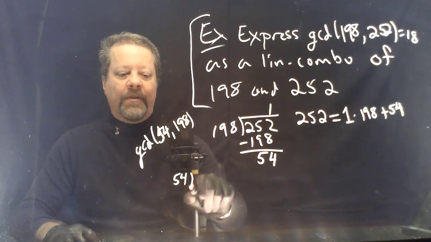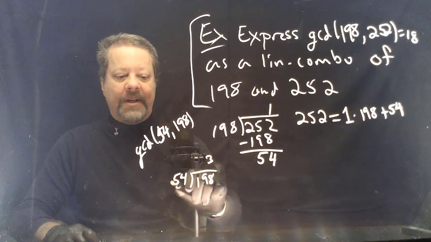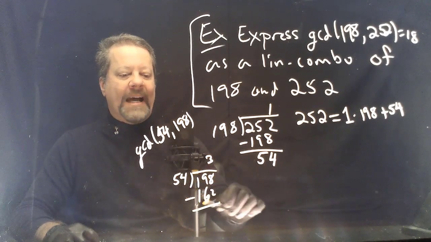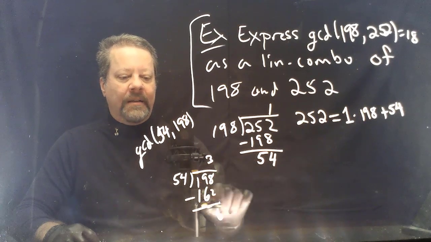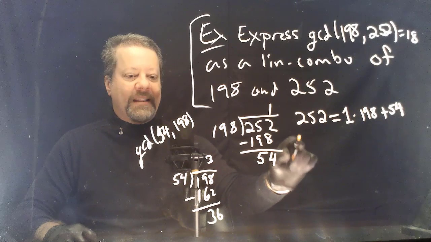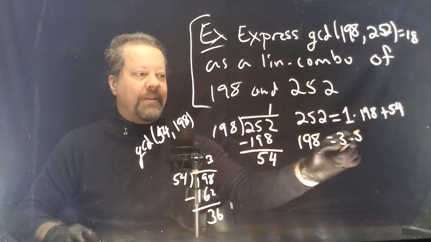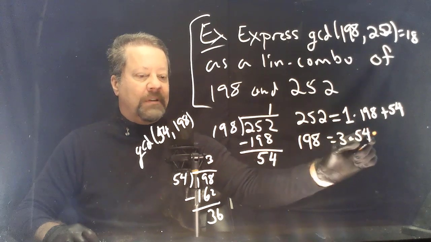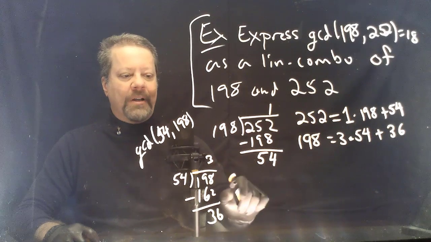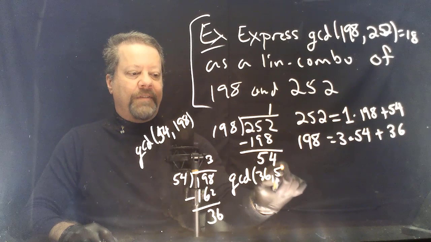We'll take 54 into 198. This clearly goes in there 3 times. 150 plus 12 is 162. Subtract, we'll get 36. So we get that 198 is 3 times 54 plus 36.